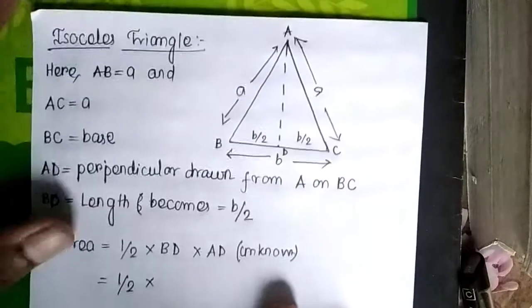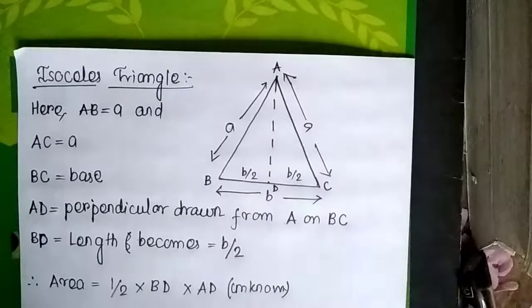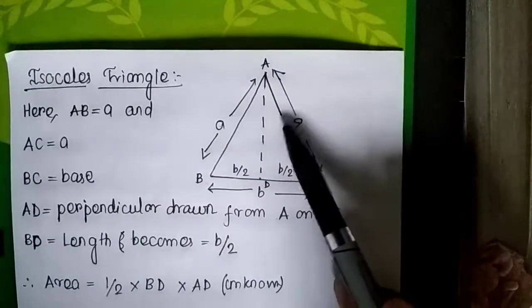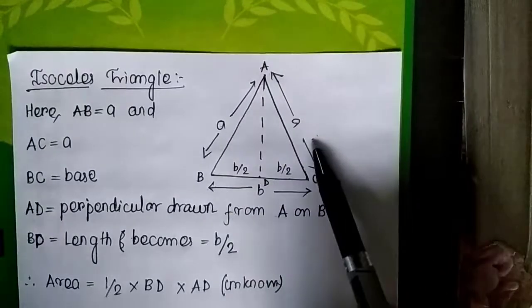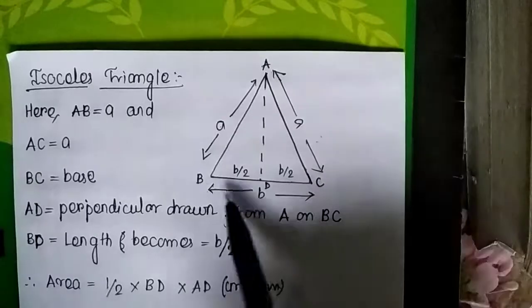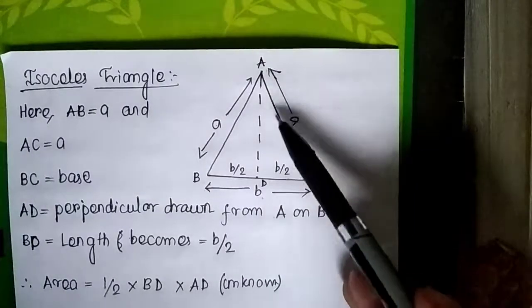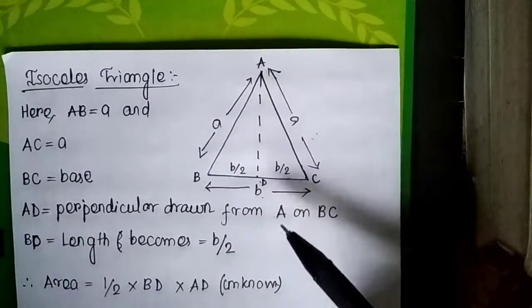Next we have an isosceles triangle. Here ABC is an isosceles triangle with AB equals AC equals A, of length A, and BC is the base of length B, and AD is the perpendicular drawn from A to BC.